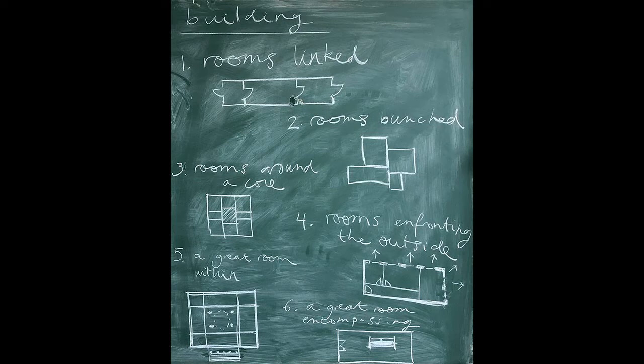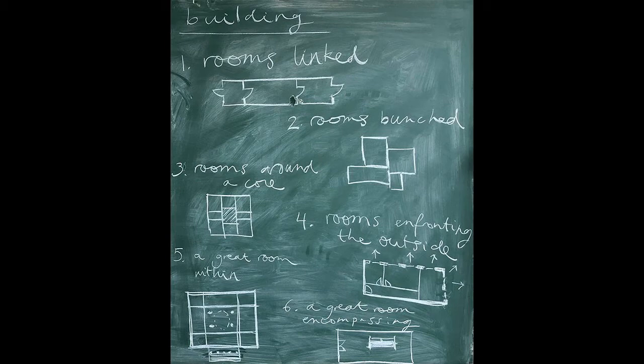Rooms could be bunched together, put in one big pile, let's say. The third category is rooms around a core, so that the plan is organized with an open or a closed core in the middle of the plan, but this core is clearly organizing the whole plan.